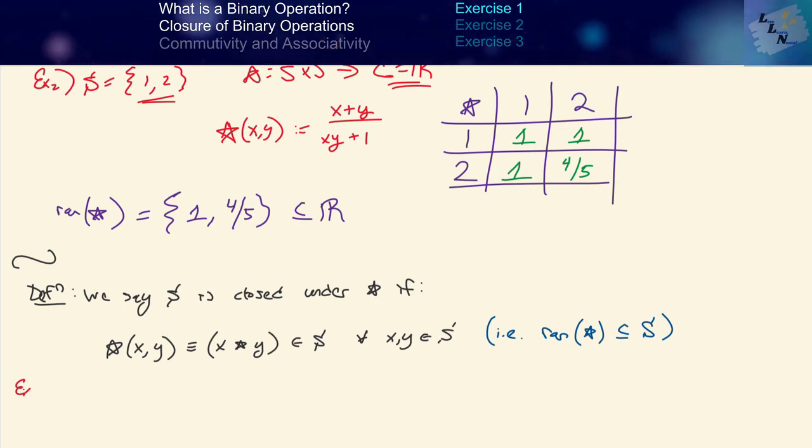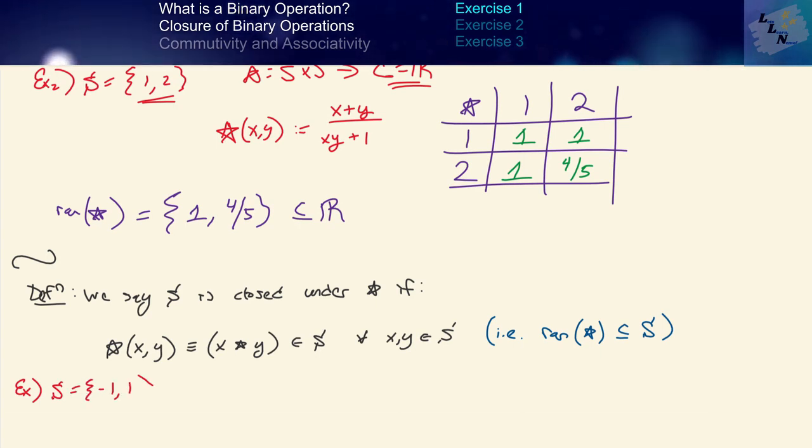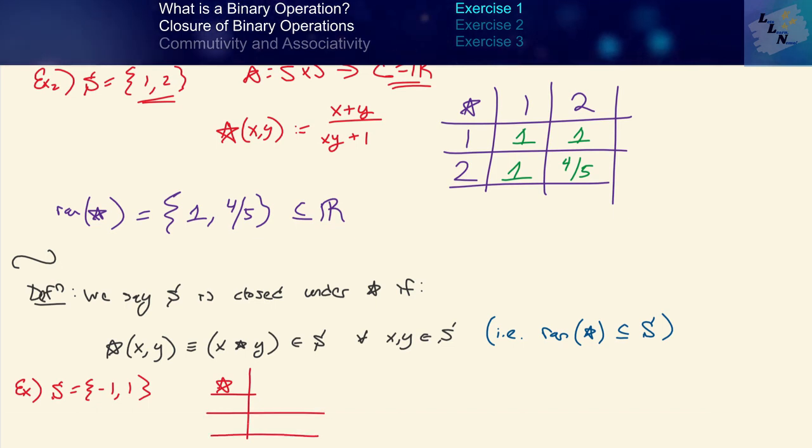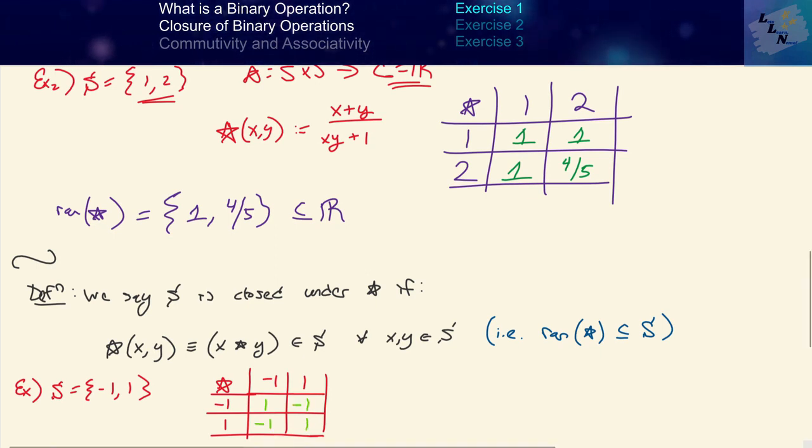So let's look at a very basic example here. Let's look at the set S containing the elements -1, 1, and let's define star from S cross S into S via the following little table. Let's have -1, 1, -1, 1. Now let's define it to be standard multiplication. So that's going to be 1, -1, -1, and 1.